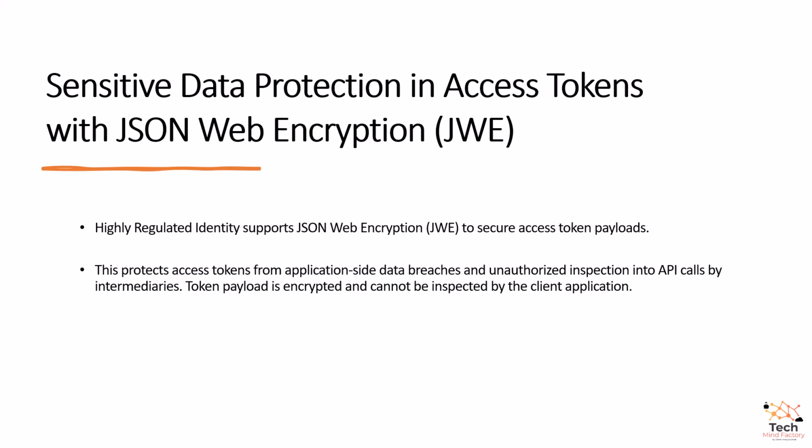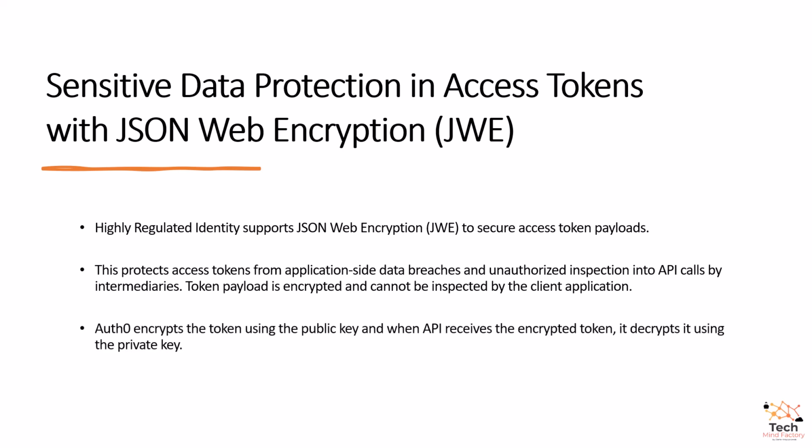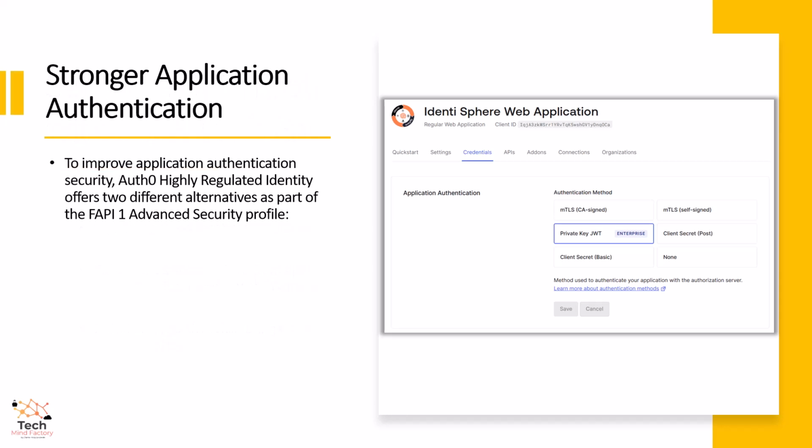The token payload is encrypted and cannot be inspected by the client application. So Auth0 encrypts the token using the public key, and when the API receives the encrypted token, it decrypts it using the private key.